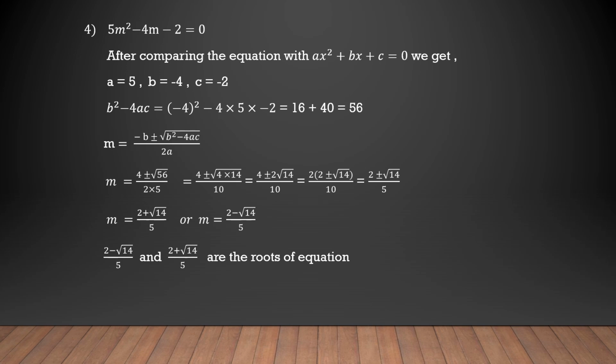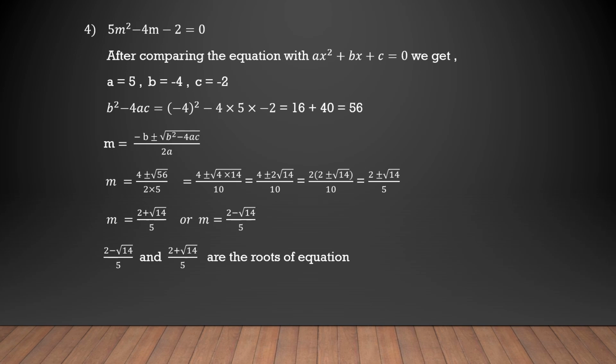So here 56 is a factor of 4 into 14. The factor of 56 is 4 into 14. So here we find the factor of 56 such that one number is a square.